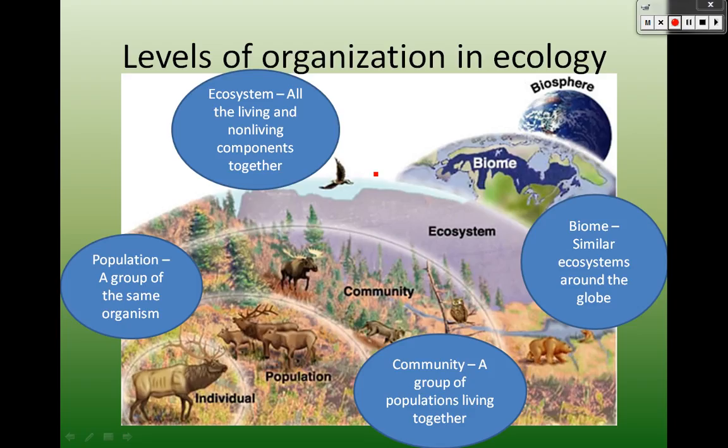The biomes are similar ecosystems around the globe. This ecosystem here looks kind of like a northern forest. There's going to be an ecosystem, maybe this one right here in Alaska, but then the biome is any of the similar ecosystems anywhere around the world, and they're all going to have characteristics in common.